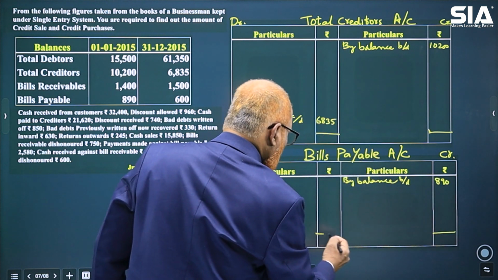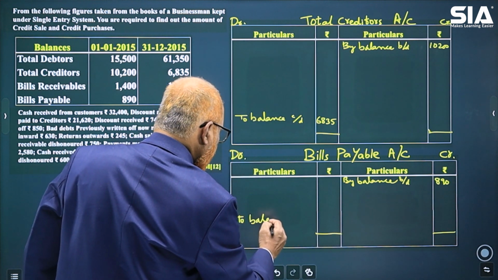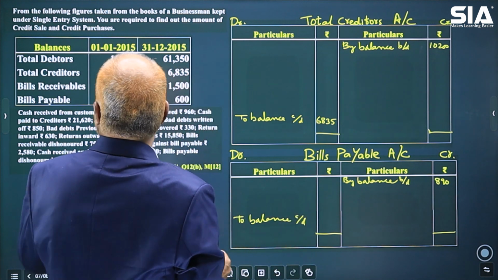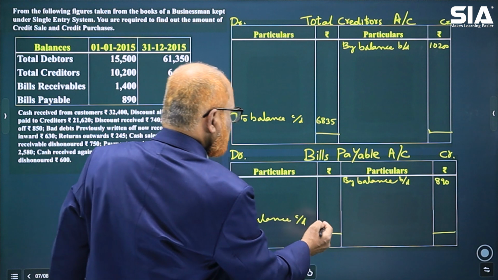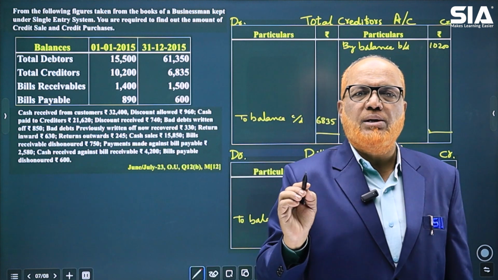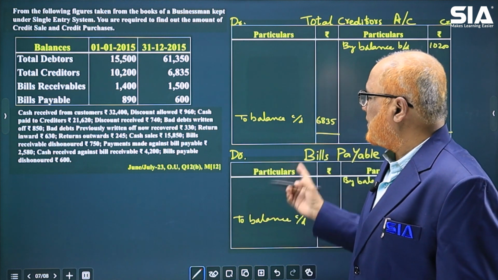Now we need the closing balance, so debit side to balance carried down. Closing balance of bills payable 600.